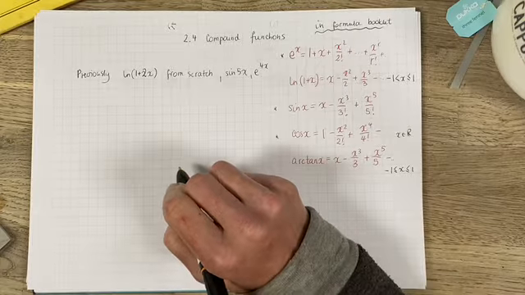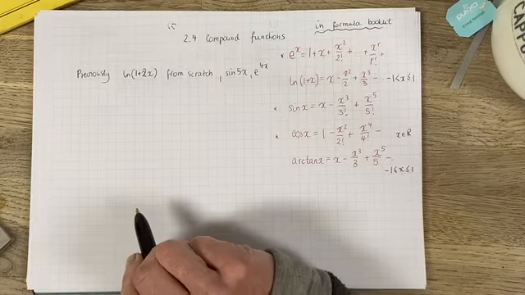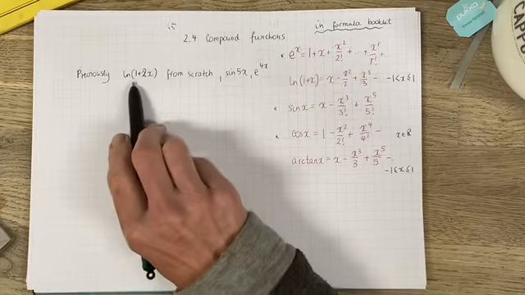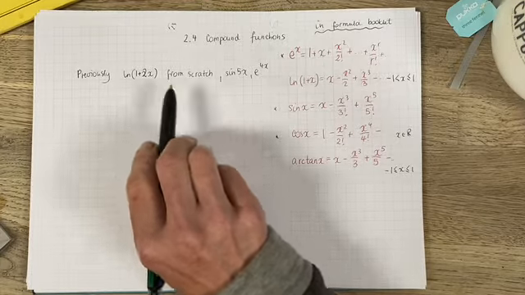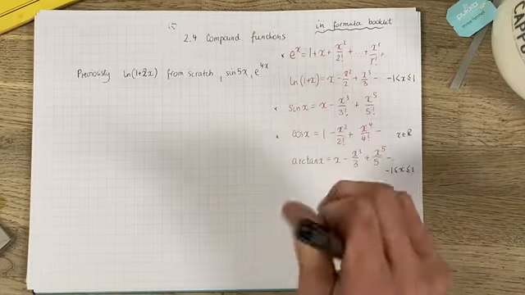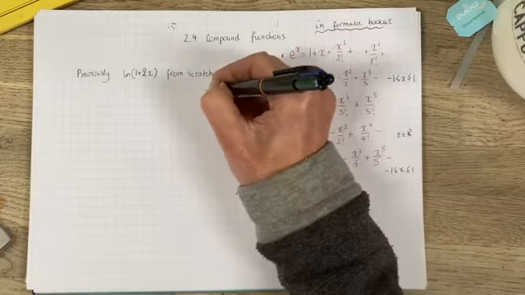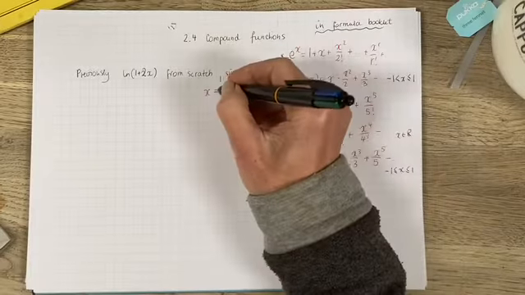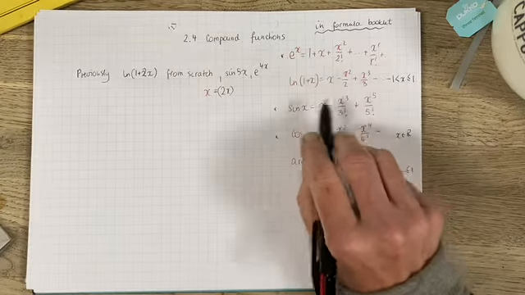Now, the idea of using the standard expansions quoted in the formula booklet: in this instance you would look for ln 1 plus x, take that expansion, and replace that x with 2x, substitute it in there, and then obtain.